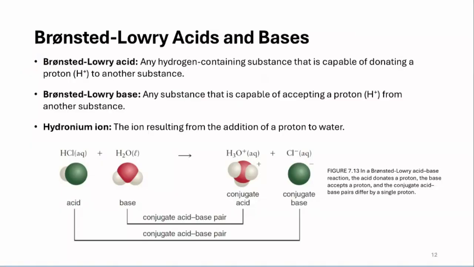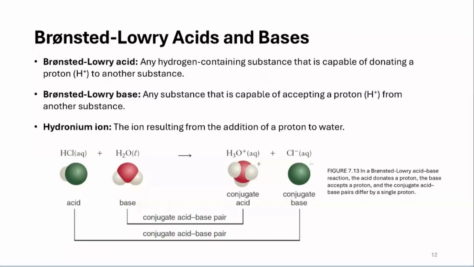In the reaction that we have in figure 7.13, we can observe that we have a strong acid, HCl. When HCl encounters water, when we look at the product of the reaction, we can see how H2O accepted a proton and went from H2O to H3O plus.